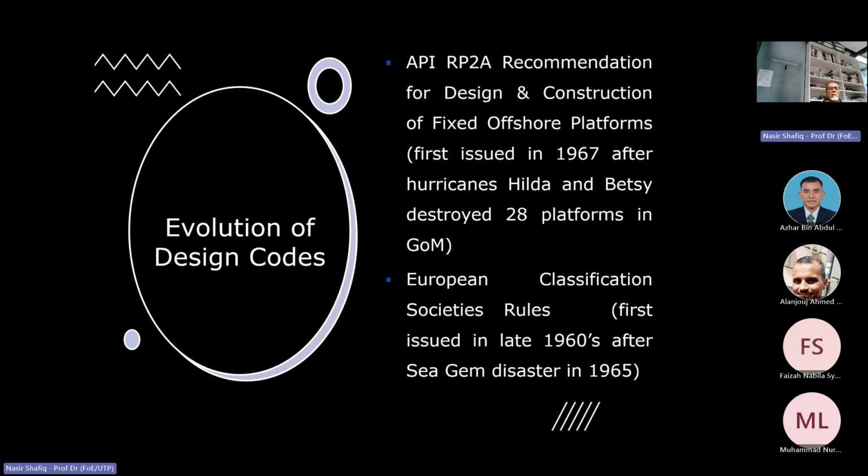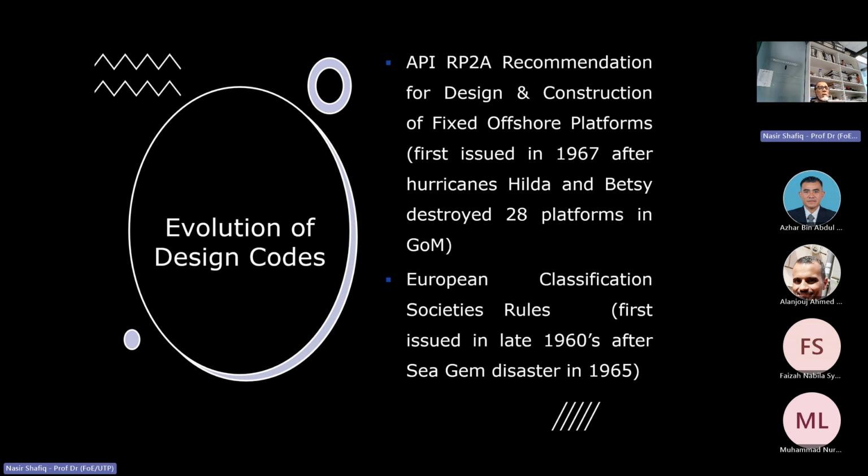If we look at the oil and gas industry, the American Petroleum Institute RP, which is recommended practice 2A, is the naming of this practice. 2A is related to recommendations for design and construction of fixed offshore platforms, first issued in 1967.